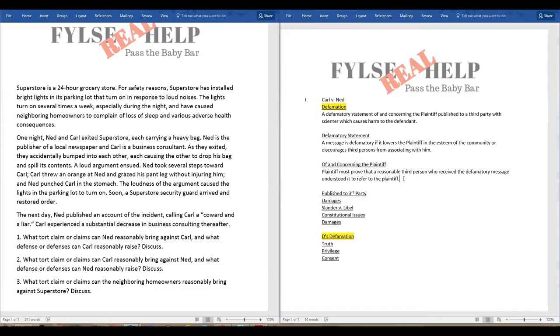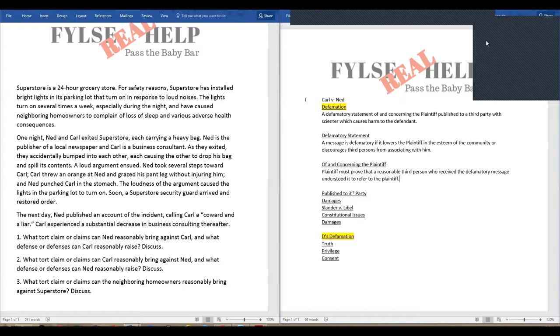If the newspaper had called him, I don't know, a two-branched elm tree, now that would be the discussion you would be having in the defamatory statement, showing that nobody would ever read that and see it as defamatory, or even understand it maybe. So really pay attention to the specifics. Since you have basically two sentences, that's all you have to work with. You have to really pay attention to what those two sentences are talking about.